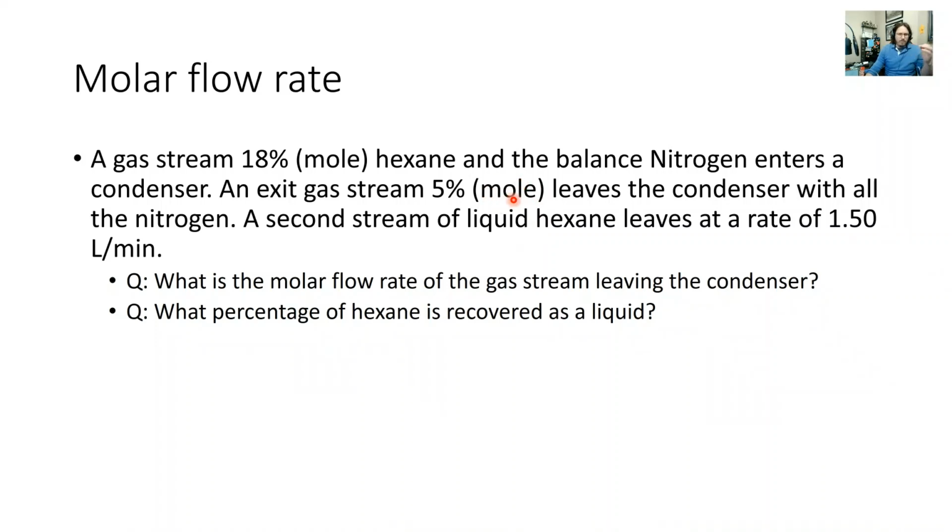But it has all the nitrogen with it. So all the nitrogen that went in is going out through this one. There's a little bit of hexane left. We want to know the molar flow rate of this gas stream, and then we want to know what percent of the hexane is recovered as a liquid.